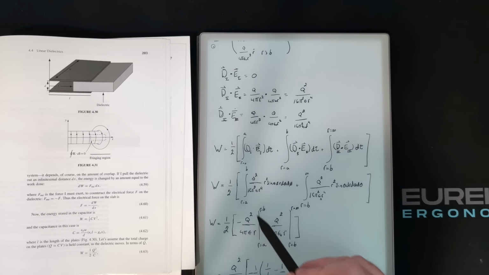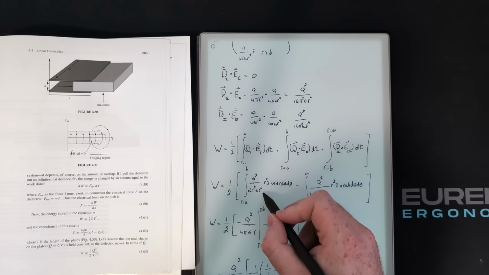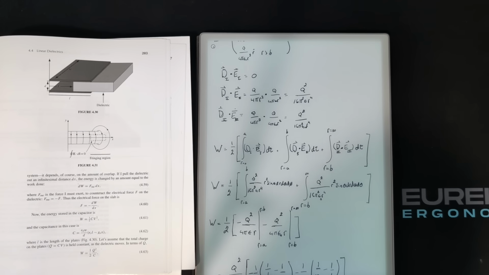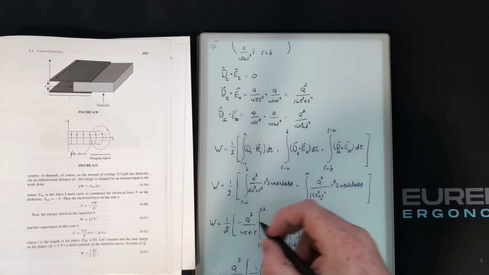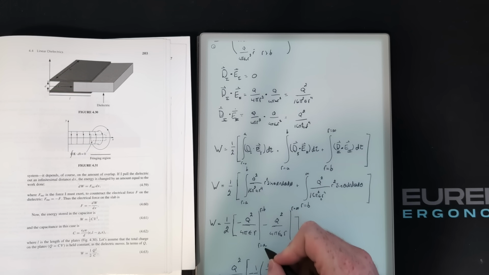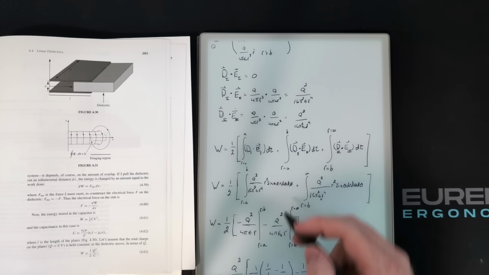Then we end up having the integral of 1 over r squared dr, which is minus 1 over r, and then we have to evaluate those at the bounds a to b and b to infinity.